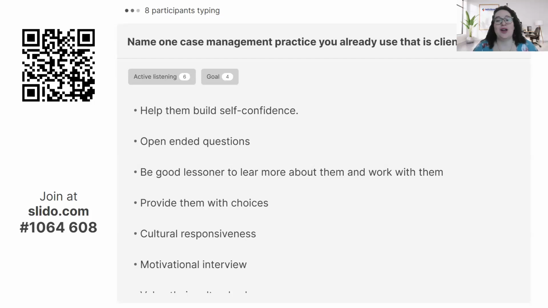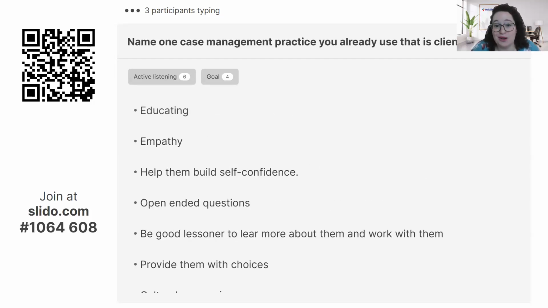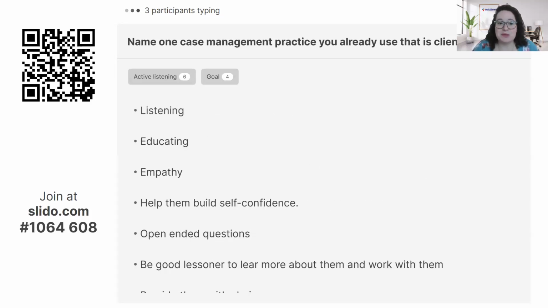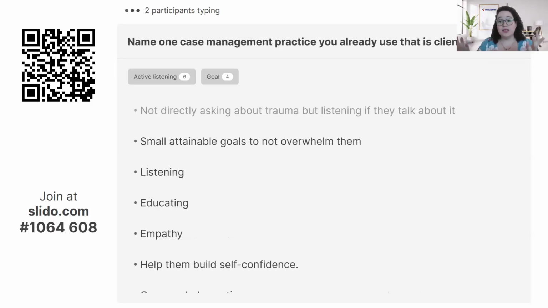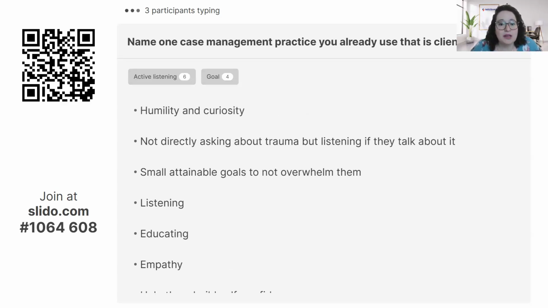Open-ended questions, so not questions that you know the answer to already or that you're expecting a specific answer, really asking to learn and to be surprised. Absolutely. Educating. So what's the information that you need to be able to do this yourself or to make this choice? That's a huge client-centered piece.